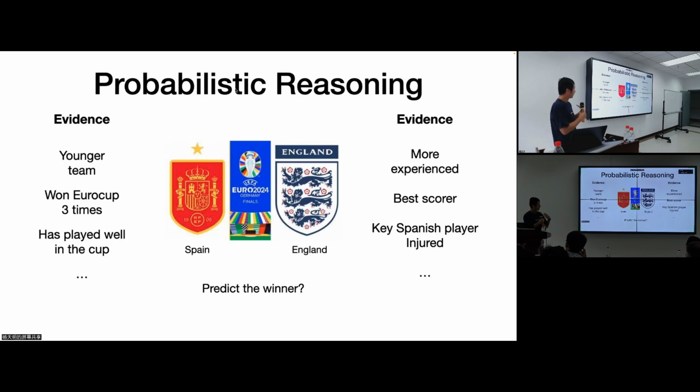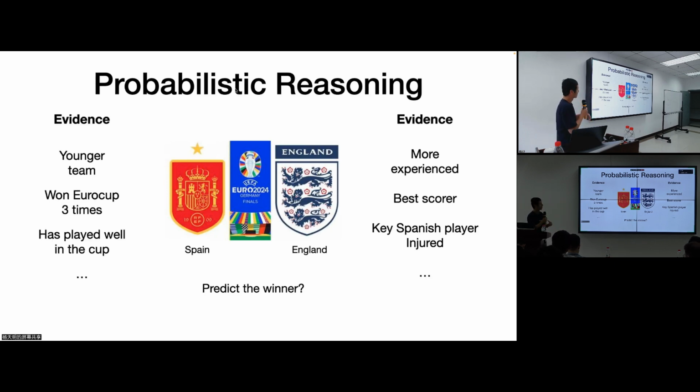To make that prediction, you will need many pieces of evidence. Some evidence is in favor of the Spanish team winning, some is in favor of the English team winning. And you will notice that none of this evidence can tell you for sure which team will win. Even though Spain has won the Euro Cup 3 times, that doesn't mean the team will win again.